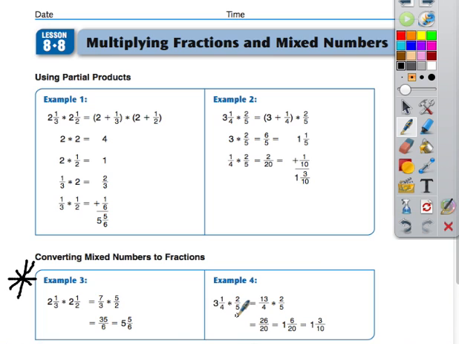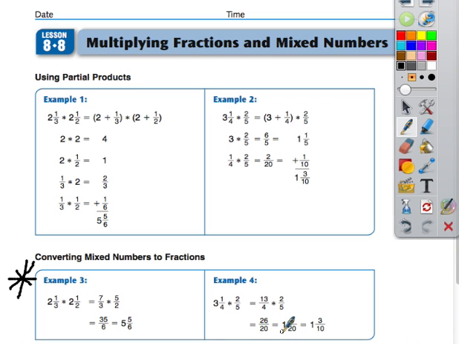Looking at another example, 3 1/4 times 2/5. Get it into improper fraction first. 3 times 4 is 12, plus 1 is 13. Denominator stays the same of 4. 13/4. 2/5 is already fine, we don't need to do anything to it. So here it is. 13 times 2 is 26. 4 times 5 is 20. So now we have 26 20ths.